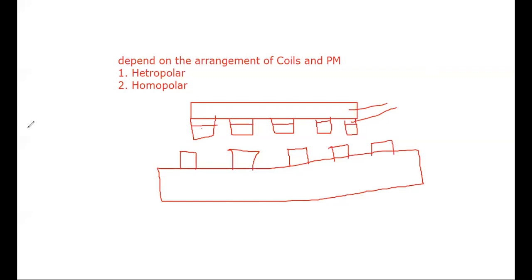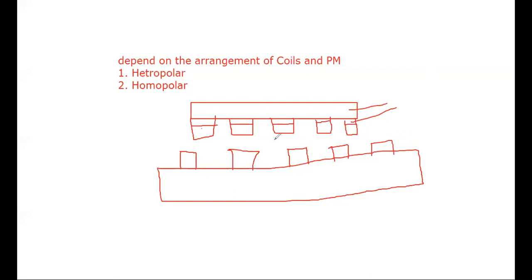What is a homopolar type of machine? Homopolar type of machine means the magnets as well as the armature winding are found in the same part of a motor, that is, with the primary of the machine.